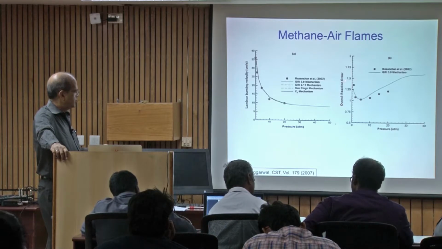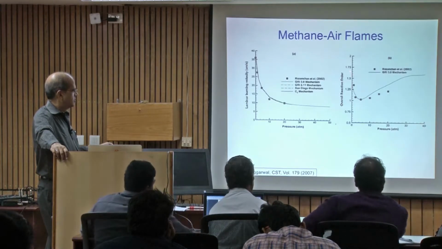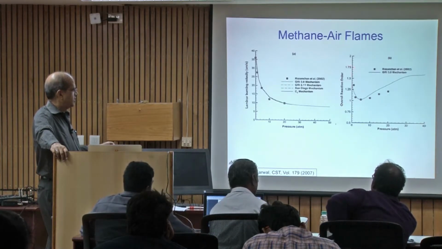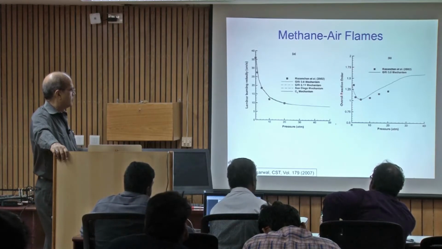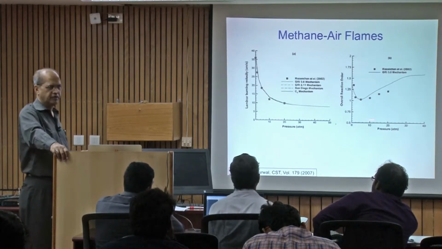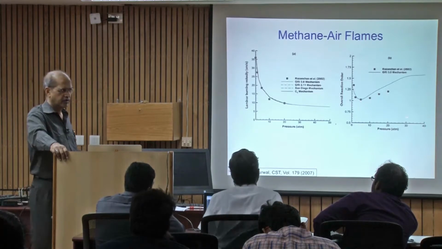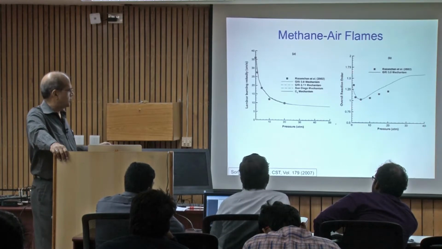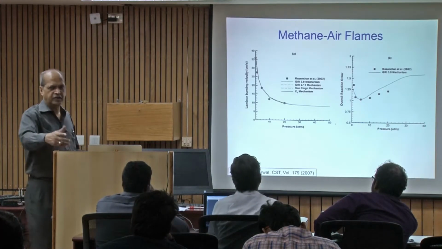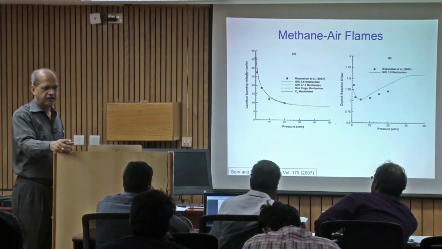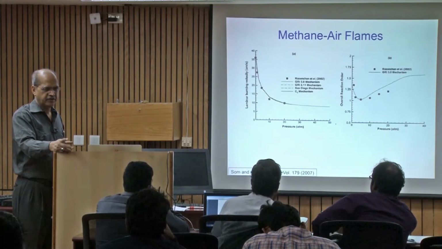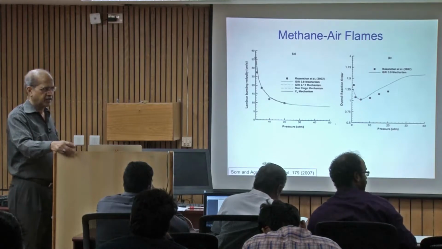So what interesting result he got, that he can extract the reaction order from these results. So the actual reaction order, because he can calculate the reaction rate at different pressures, so there you can get the reaction order.